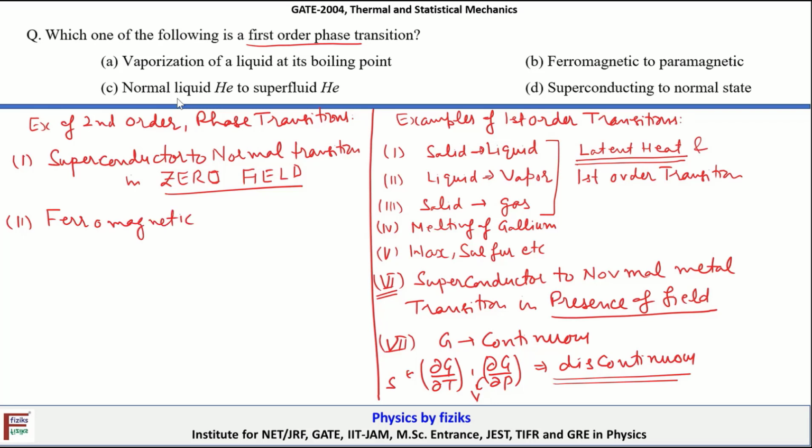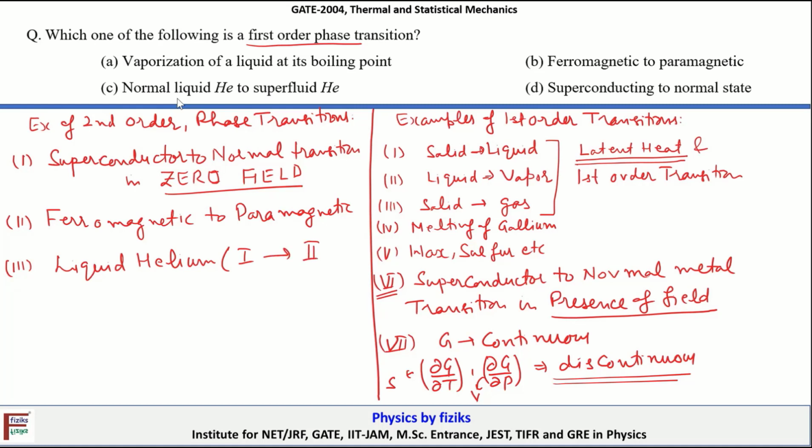The second example is the ferromagnetic to paramagnetic transition. This is also an example of a second order transition. And the third one is the important one, that is liquid helium, from helium 1 to helium 2.